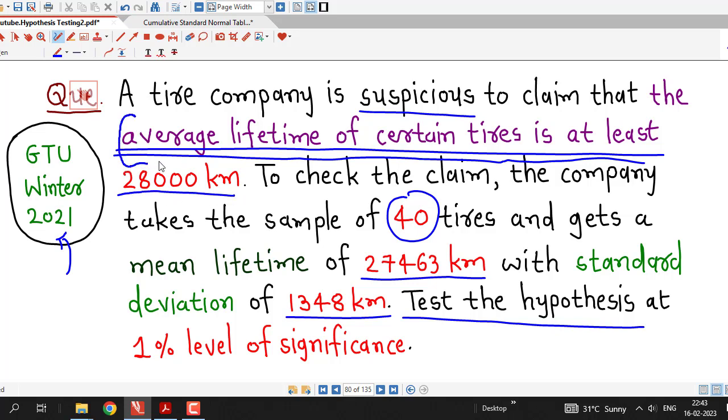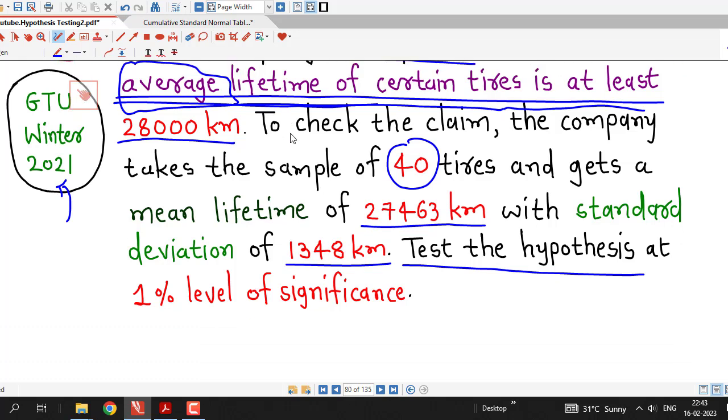From this word average you can decide that this is the hypothesis test for population mean. The average lifetime, which we denote by mu, is at least 28,000 km. That is, population mean is greater than or equal to 28,000 km.